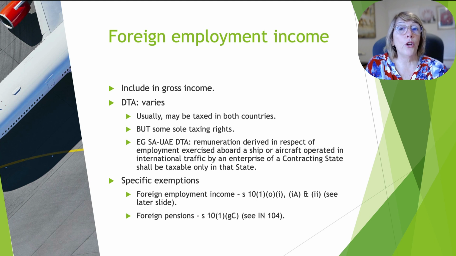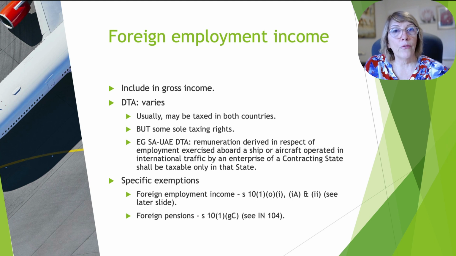You see the wording there? It didn't say may, it says only in that state. So you've got a South African resident who goes and works aboard an aircraft that works in international air traffic, but that aircraft is owned by a company which is based in the UAE. What this is saying is that remuneration will only be taxed in the UAE and it won't be taxed in South Africa.